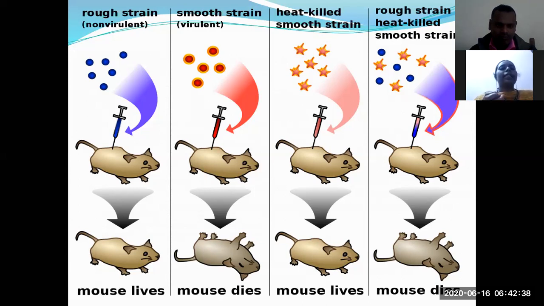Then he injected smooth strain, that is virulent bacteria. Virulent bacteria means disease causing bacteria. When he injected smooth strain to the mouse, this mouse died. Then in these two tests, he confirmed that something is going on from bacteria to the host. What is that?